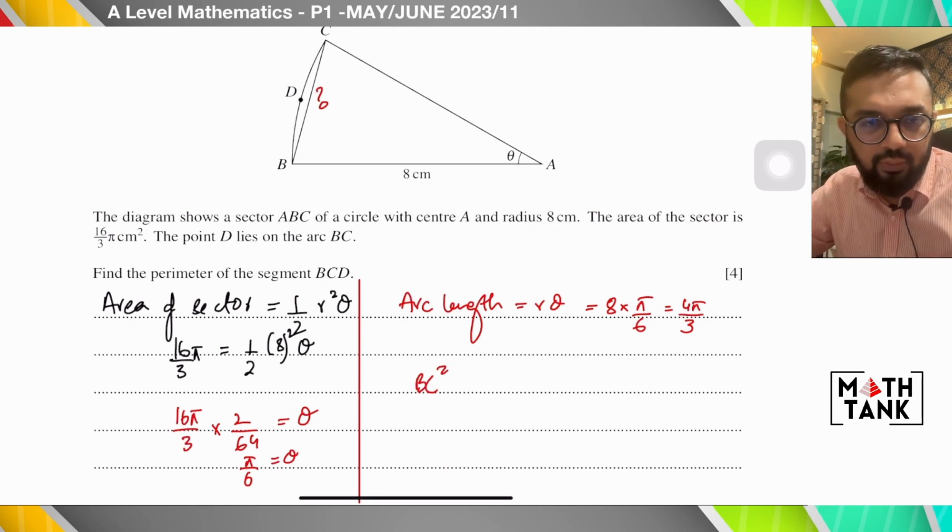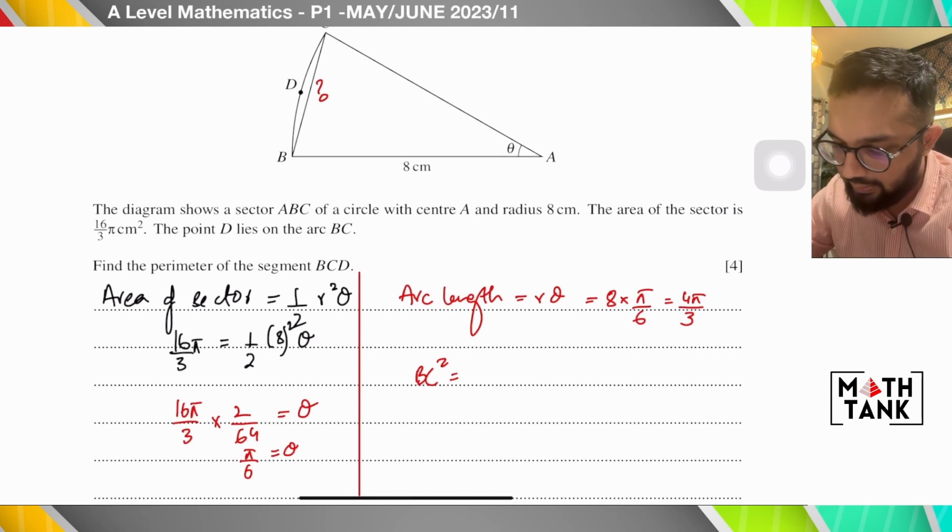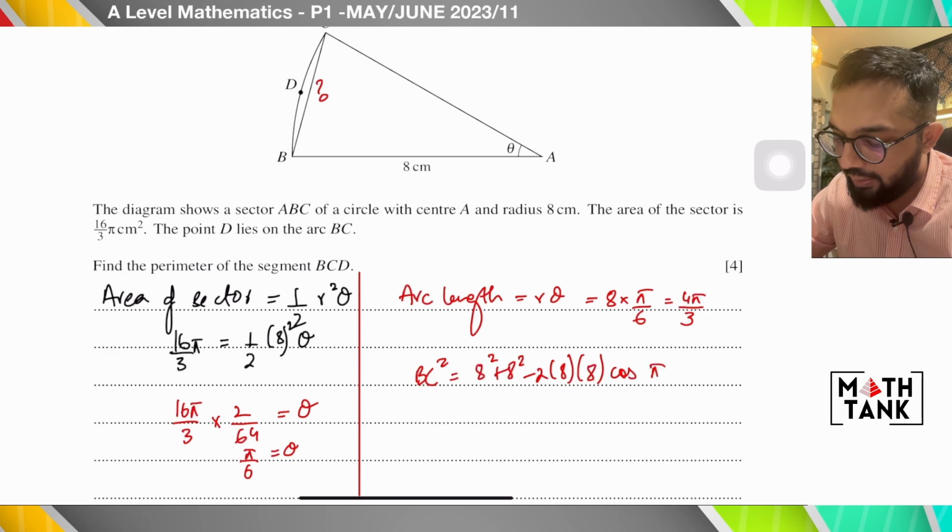Okay, let me just confirm my answers. Yeah, okay. So BC squared equals 8 squared plus 8 squared minus 2 into 8 into 8 into cos of pi over 6.